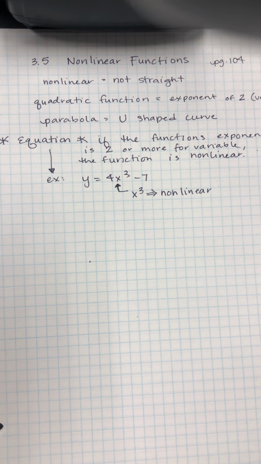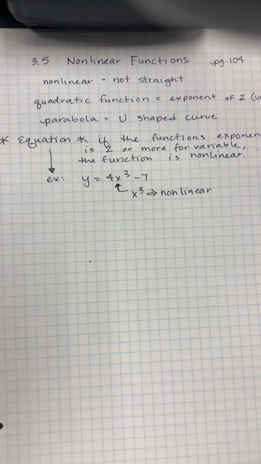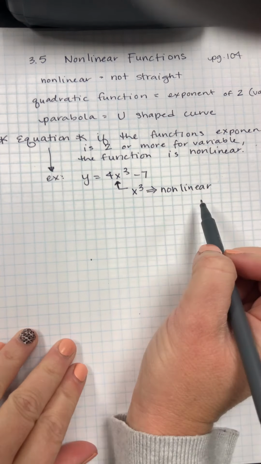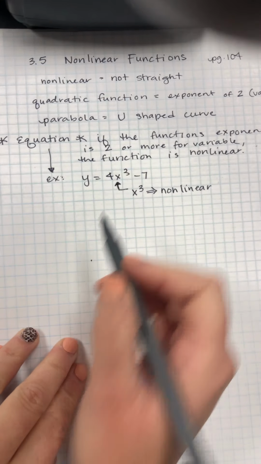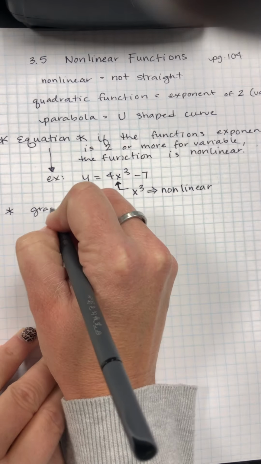If the 3 was a 1, then it could be linear. So if it's in equation form, you're going to check the exponent. That's one way to check. Another is obviously to look at the graph.